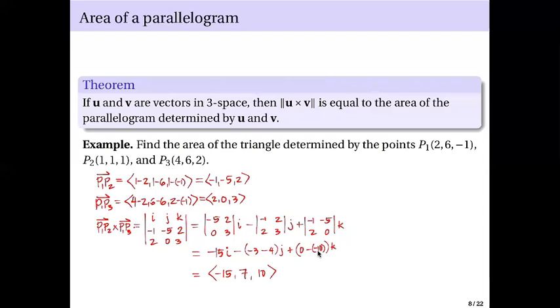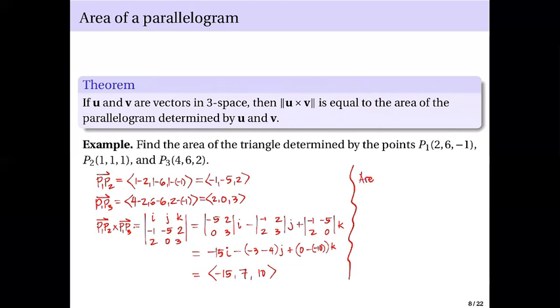Okay? Do we have the same cross product? So verify and check if I made some arithmetic errors in here.